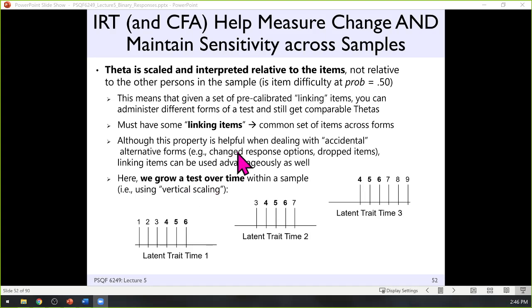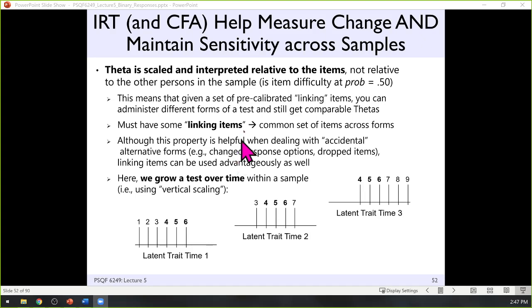So adaptive testing is an extreme case of that, but this property can be used advantageously to make sure that you're still measuring people well, even if they're changing. So anytime that you are fitting a measurement model where there are separate parameters in the model for your trait and separate parameters for your items, you can do this. So this idea of linking forms together, the idea that not everybody has to take every item, that's a very common thing people talk about in IRT, but it's exactly the same case in CFA.